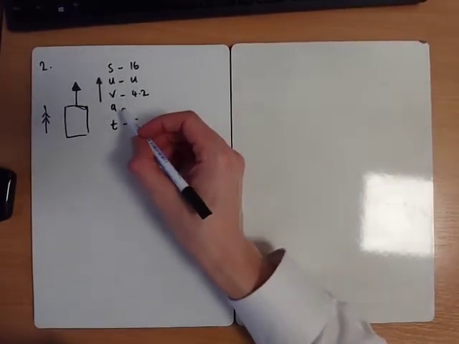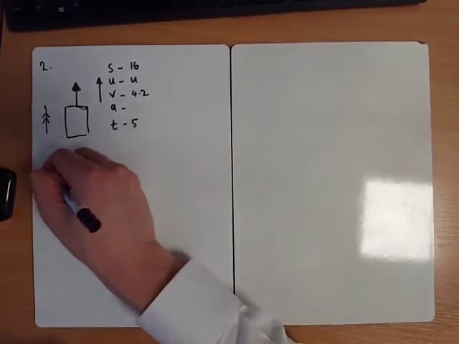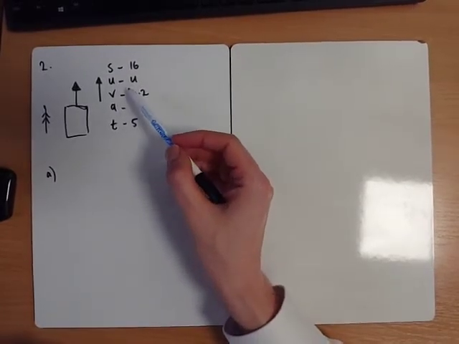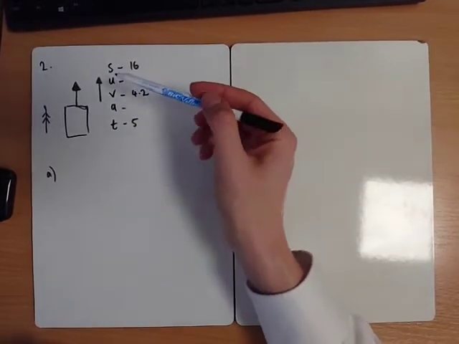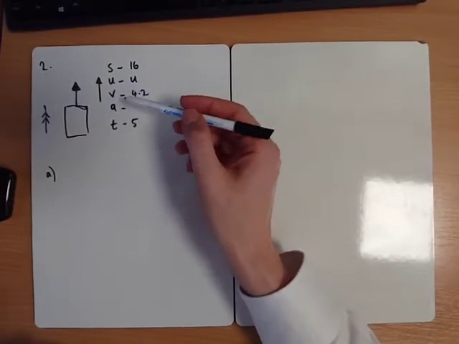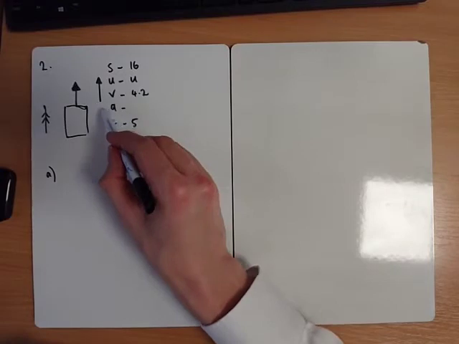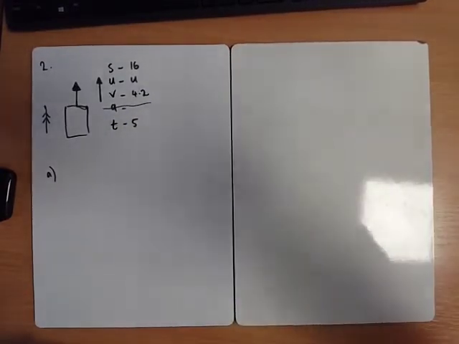We don't know what the acceleration is, and we're not asked to find the acceleration, in the first part anyway. Okay, so we're looking for an equation which would allow me to find u. We don't need to find the acceleration yet.